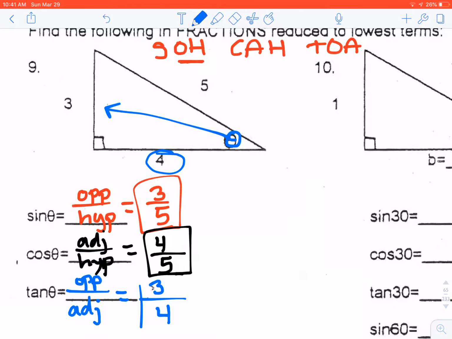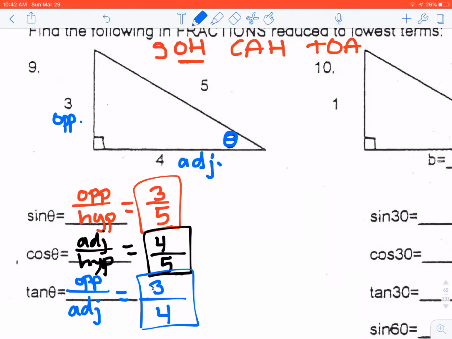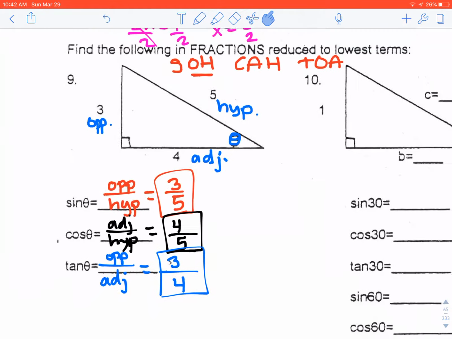So our tangent theta is 3/4. Another thing you could do if this helps you, when you see where that reference angle is, if you would like to write down, this is the adjacent side, this is the opposite side, this is the hypotenuse, you may absolutely do that. If you don't need to, that's fine as well. I know sometimes in geometry you guys label.